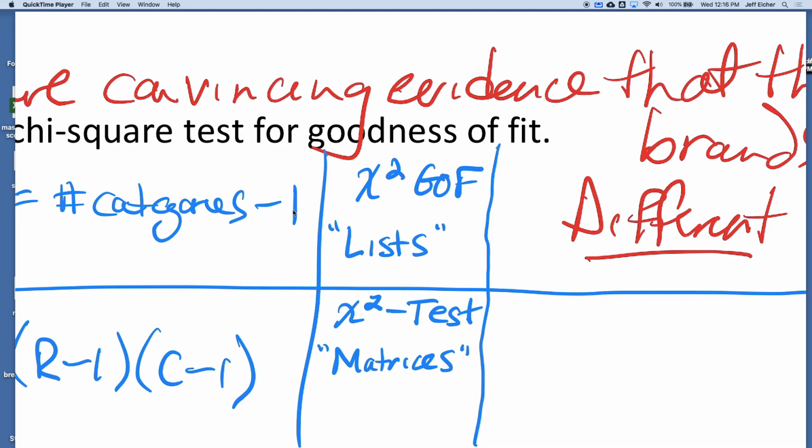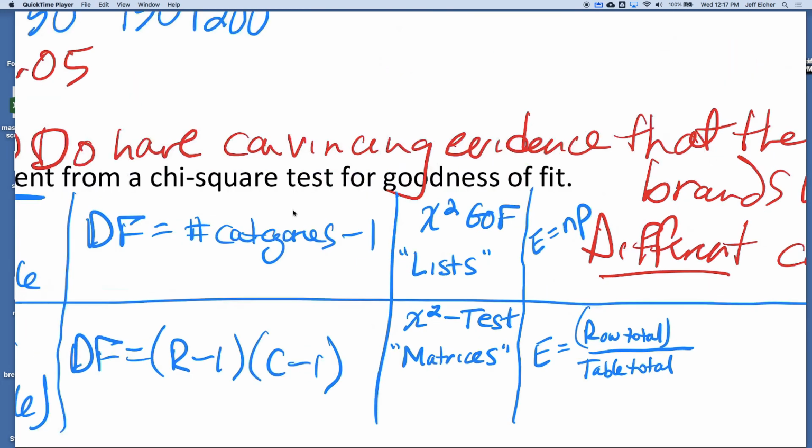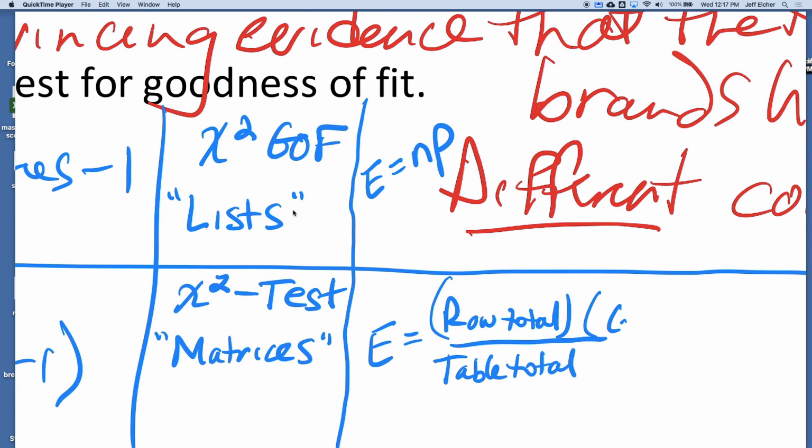And then the last difference is the expected count. It is n times p for goodness of fit. Whereas the expected count for homogeneity is the row total over the table total times the column total.